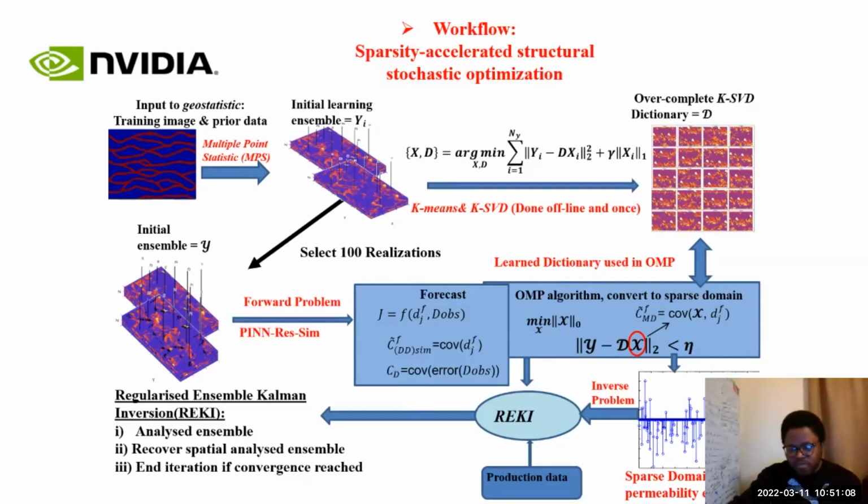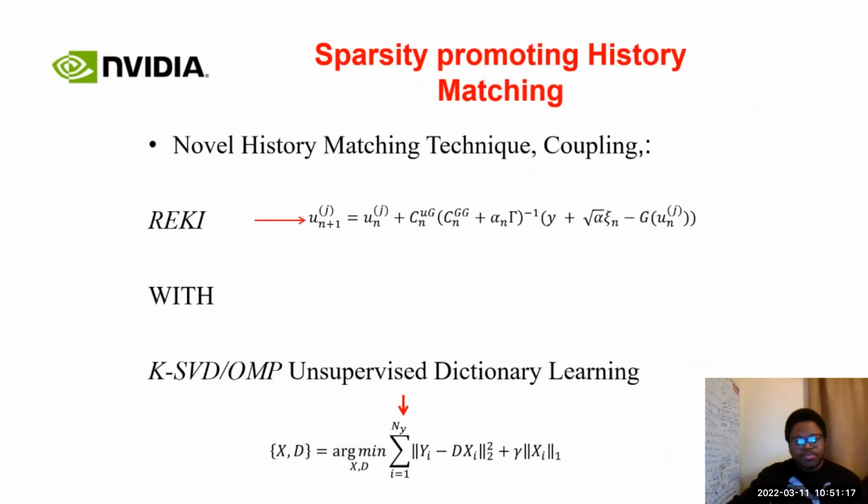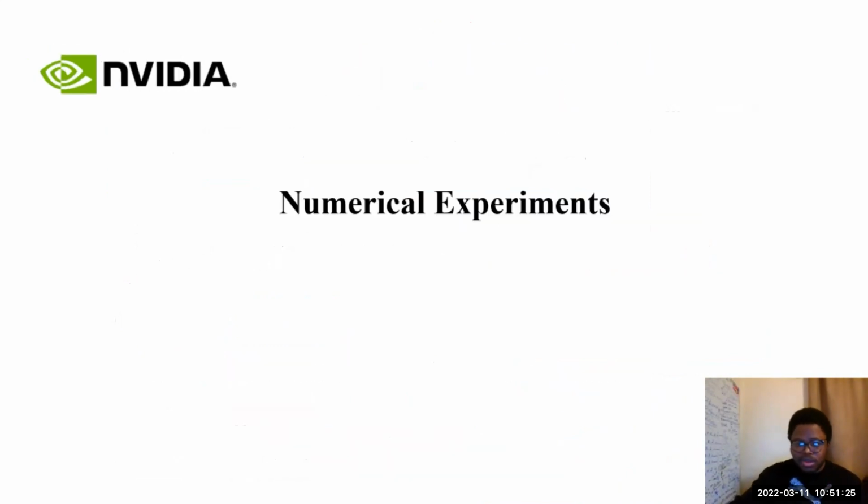We update the coefficients of that OMP, and then we back transform to spatial. This goes on and on until convergence. So you have the ensemble with KSVD-OMP, the sparsity-promoting history matching, and our forward problem is solved by the PINN itself.